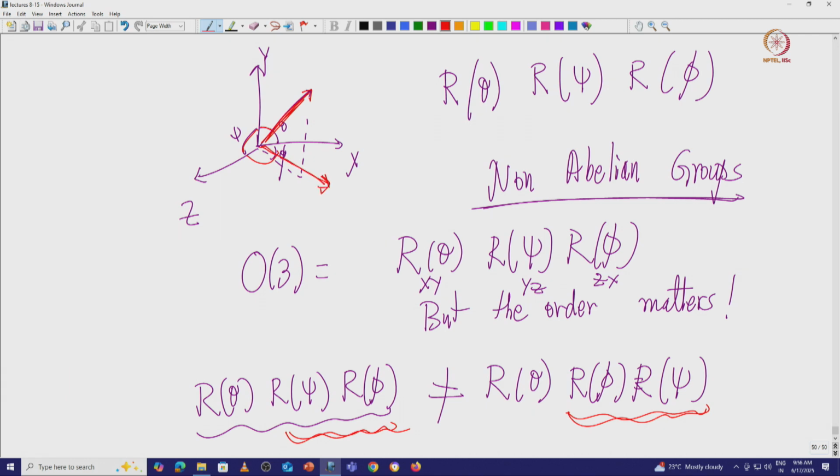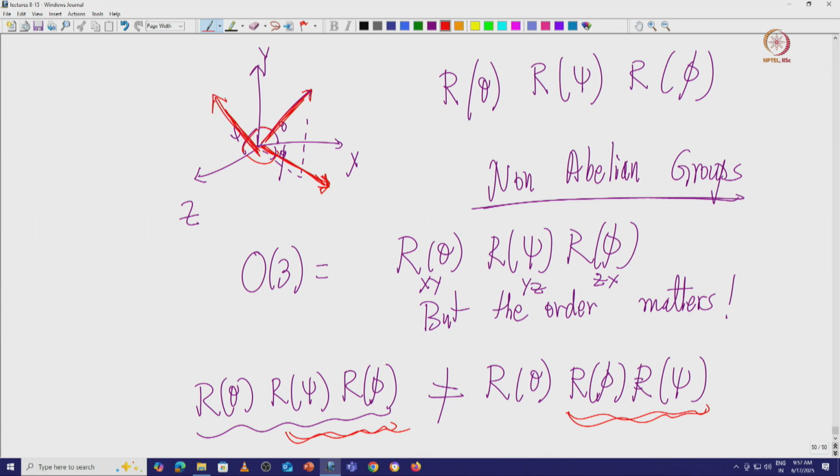The length of the vector doesn't change, because rotations don't change the length of the vector, as we have seen. But now when we interchange the rotation, it still rotates by r theta, but then it goes first by phi and then by psi, so it will end up at a completely different point, say here.